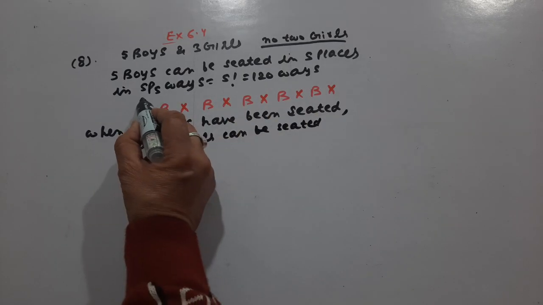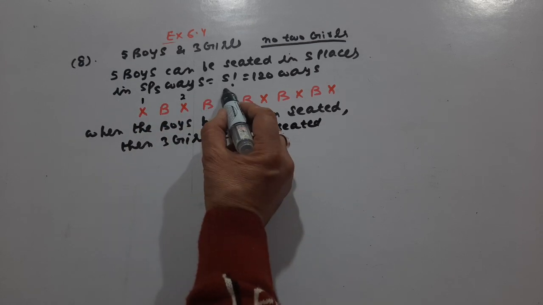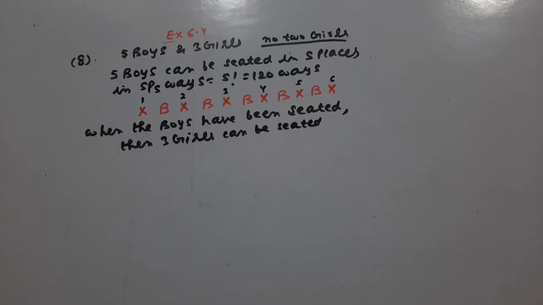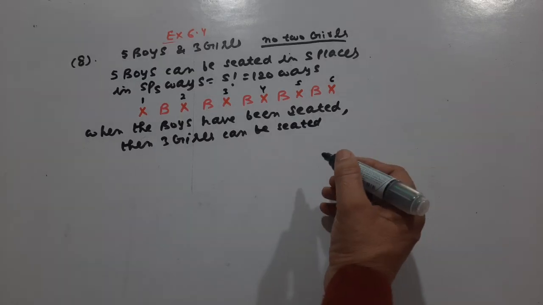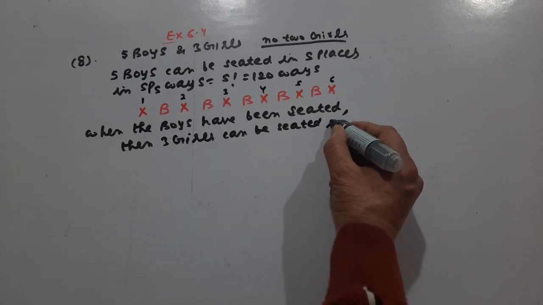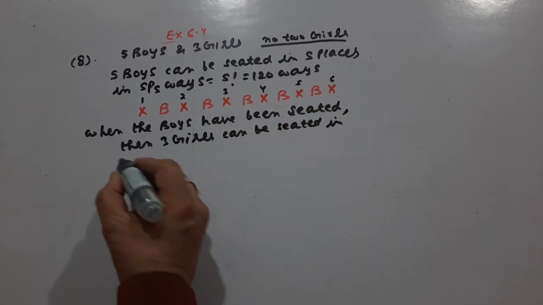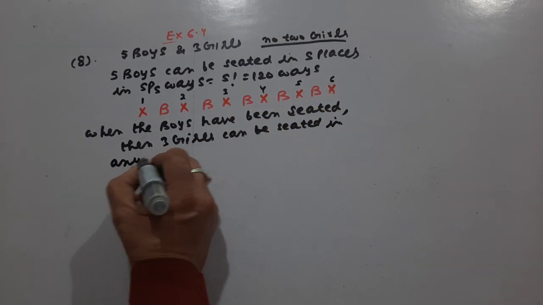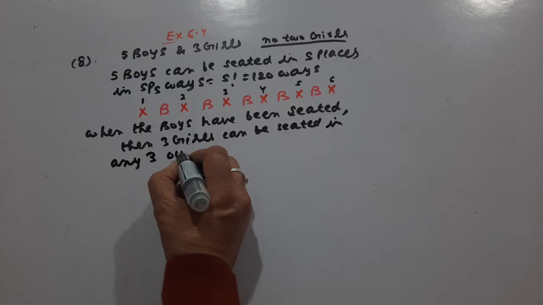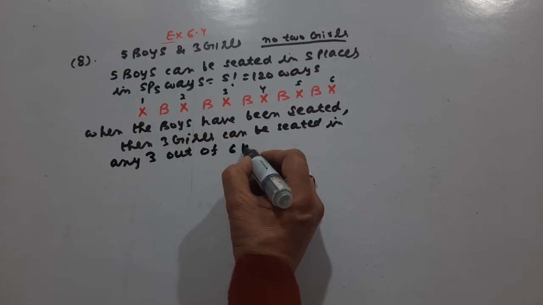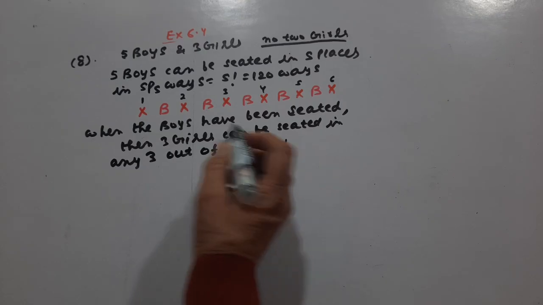This is the first place, second place, third place, fourth, 5 and 6. So 3 girls can be seated in any 3 out of 6 places. We have 6 places where the girls can sit.